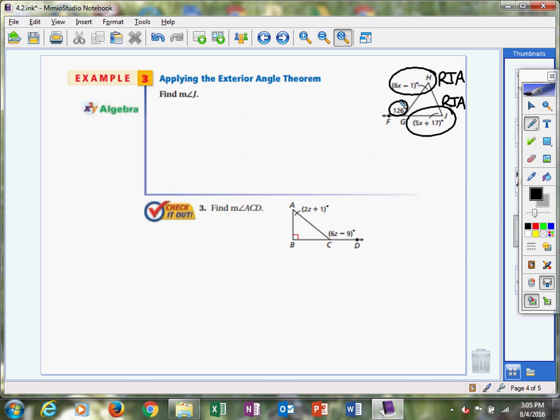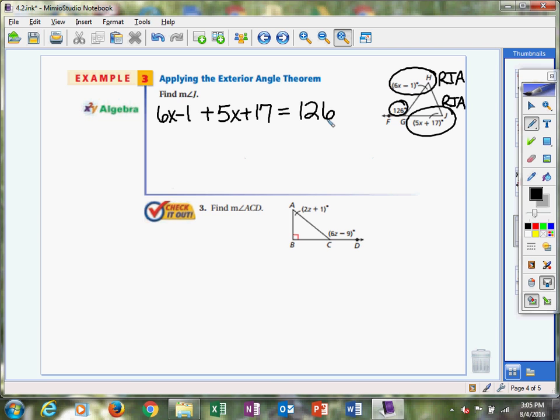So we can create a math problem because we know that if we add the remote interior angles to each other, just like this, they're going to equal the measure of the exterior angle. And you can create a problem just from that exterior angle theorem.